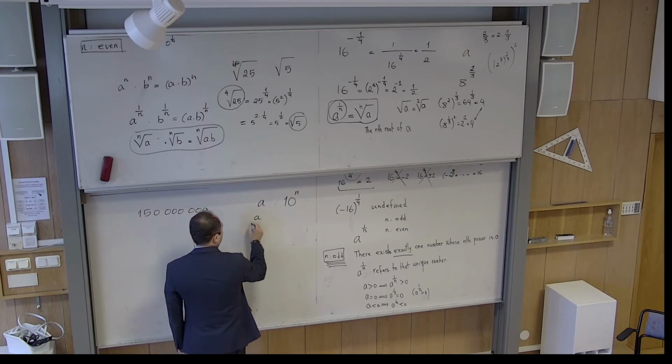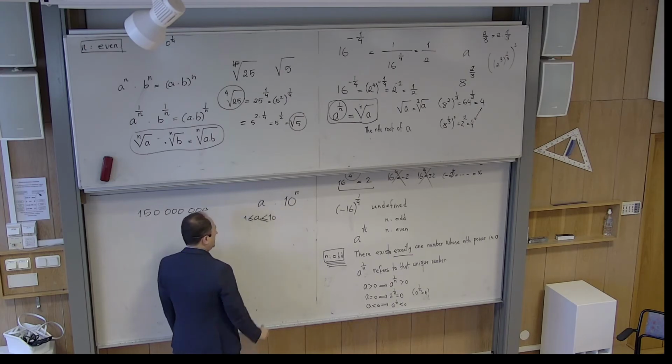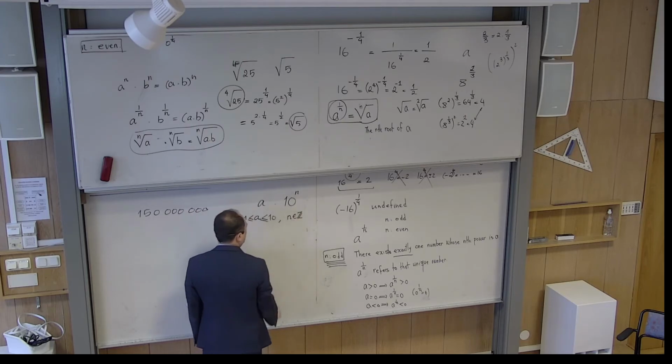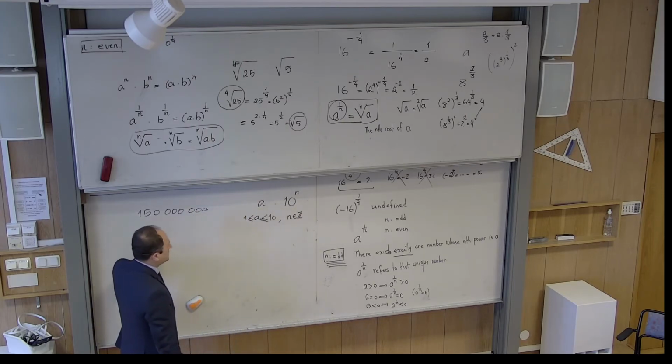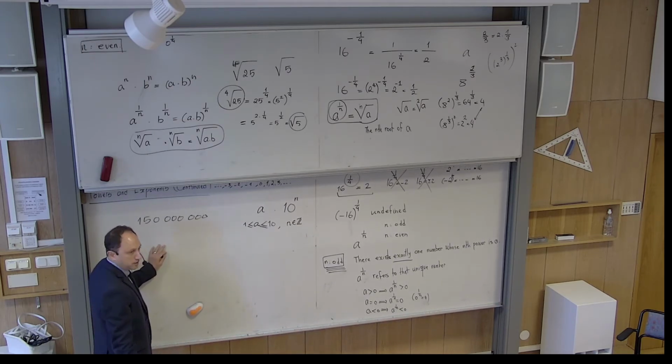A is a real number from 1 up to 10, and this n is an integer, meaning positive or negative. So scientific notation has nothing to do with fraction powers.